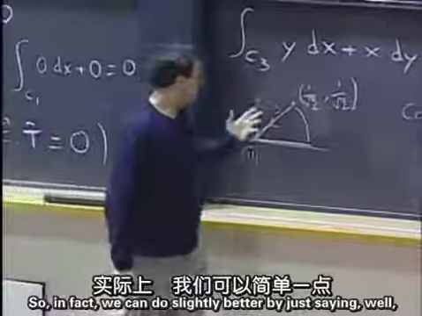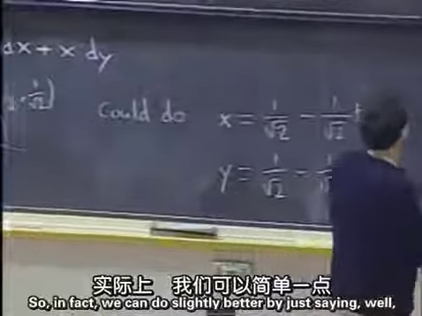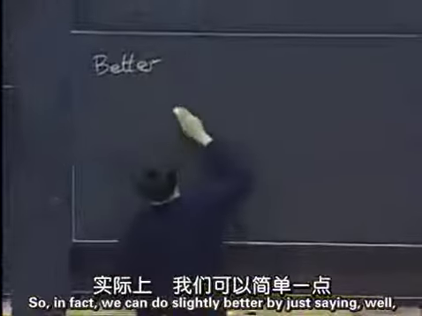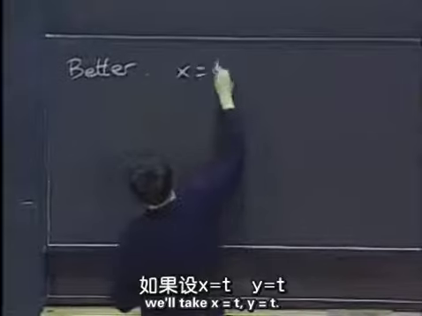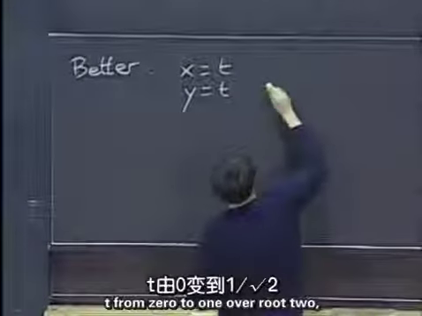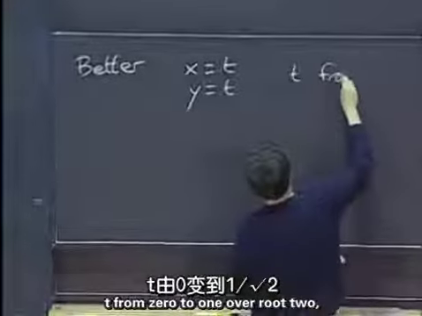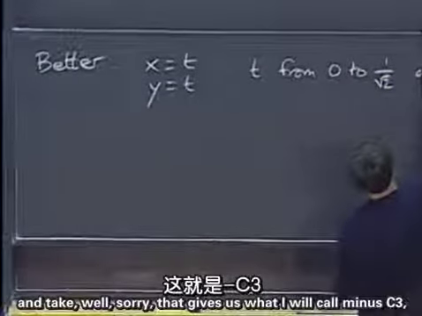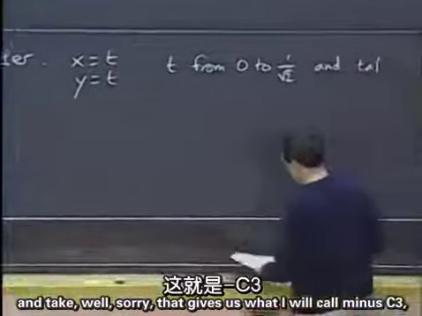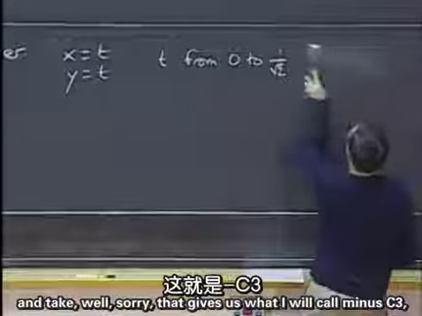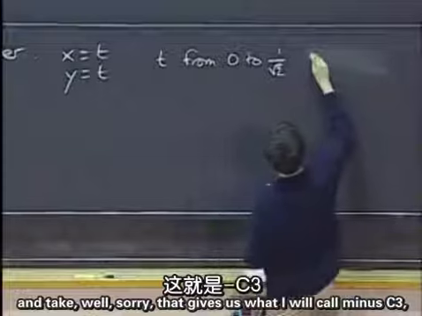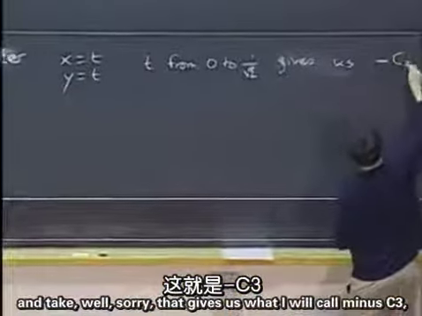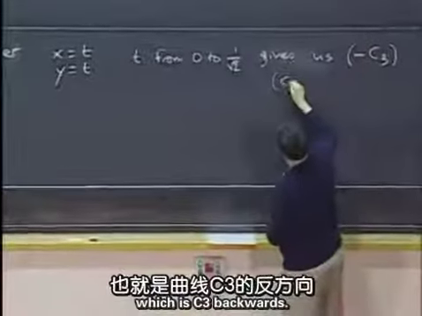So in fact, we can do slightly better by just saying, we'll take x equals t, y equals t, from 0 to 1 over root 2. That gives us what I will call minus C3, which means C3 backwards.